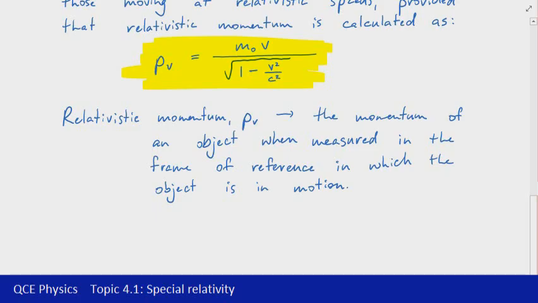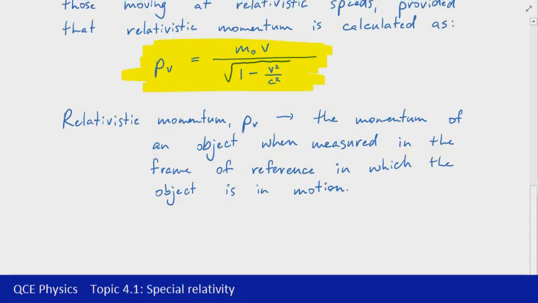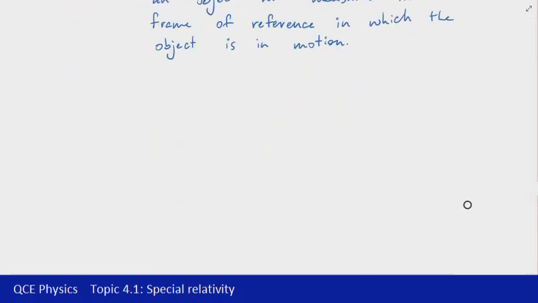One last thing I want to note about this equation is the way that we can again tie it back into the Newtonian physics version of momentum, and that's by identifying that if we consider the velocities being extremely slow compared to the speed of light, so v being much, much less than c, then v squared over c squared is going to approach 0.